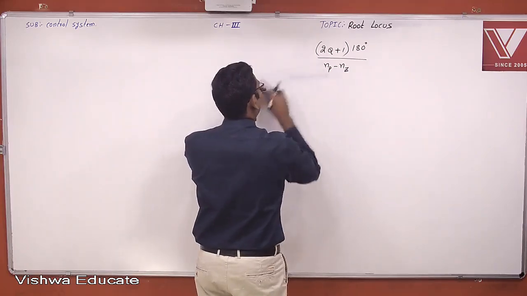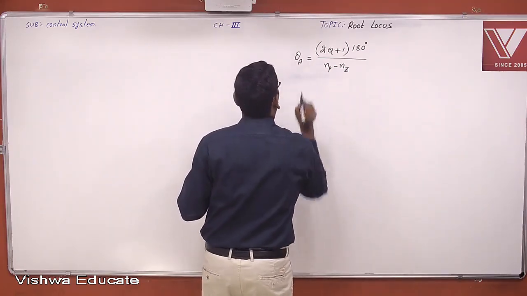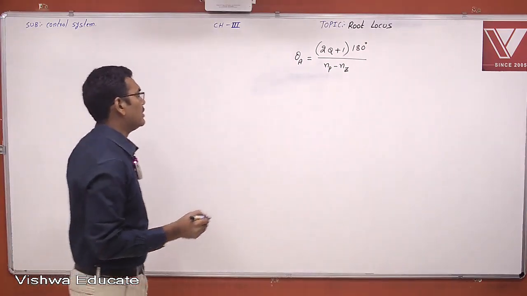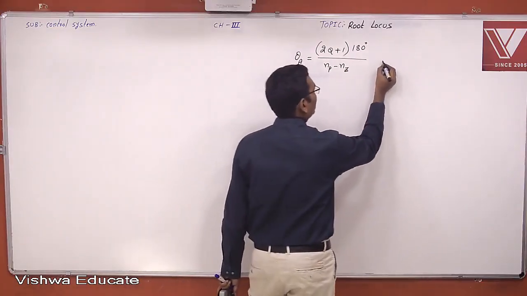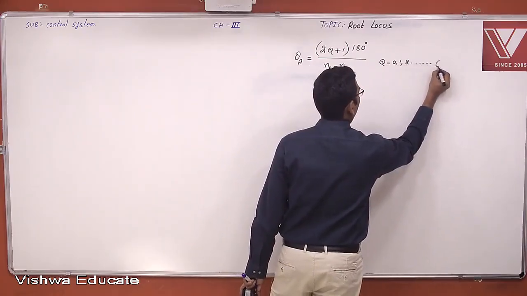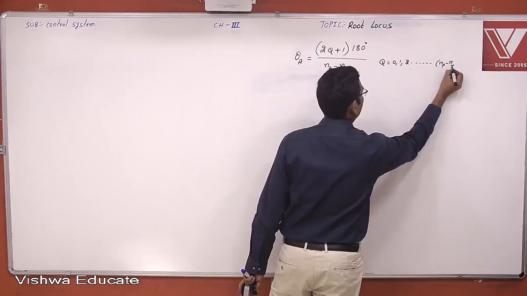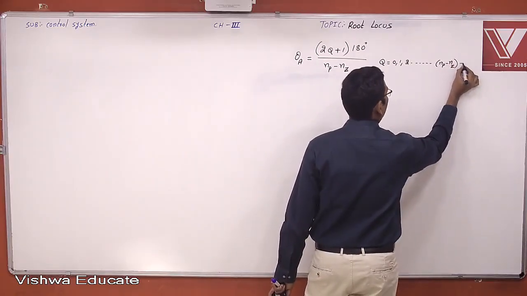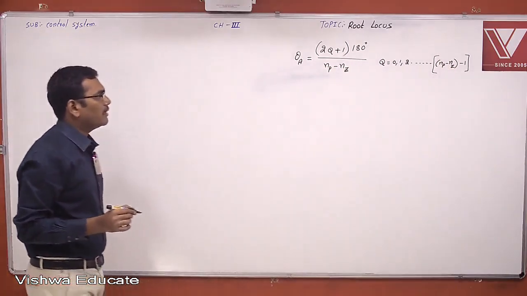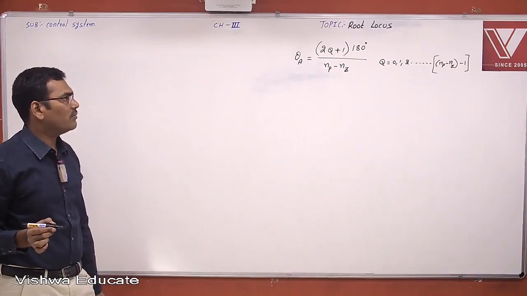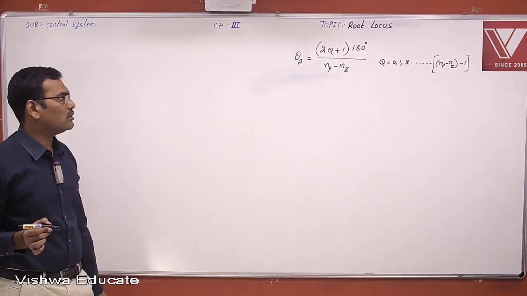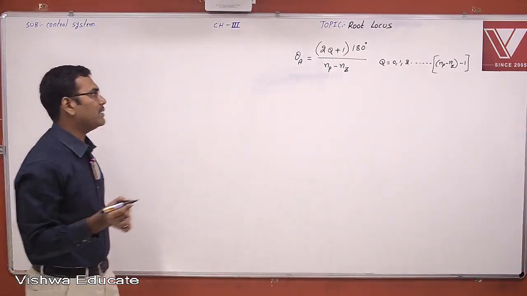Here q ranges from 0, 1, 2 and so on up to np minus nz minus 1. So theta A equals (2q plus 1) into 180 degrees by np minus nz, for q equal to 0, 1, 2, 3 and so on, up to np minus nz minus 1.